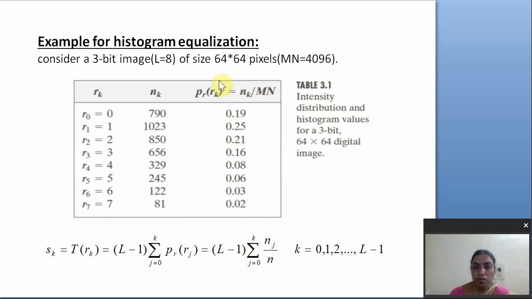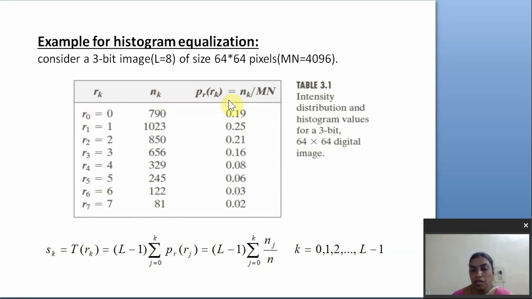Now for the image, if you want to establish the histogram, you should draw the histogram in two ways. One is based on n_k versus r_k, that is the first method.